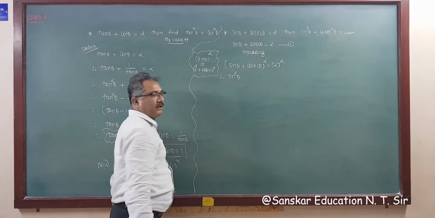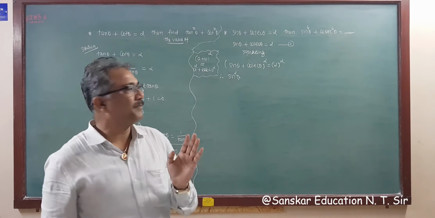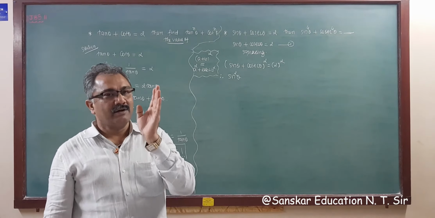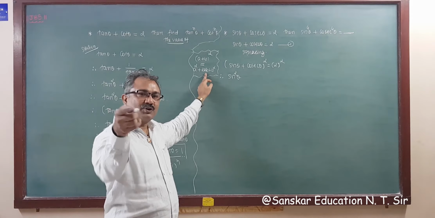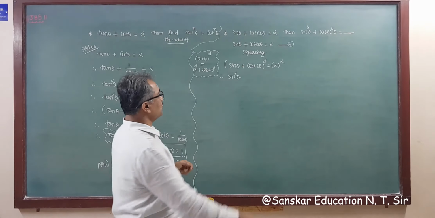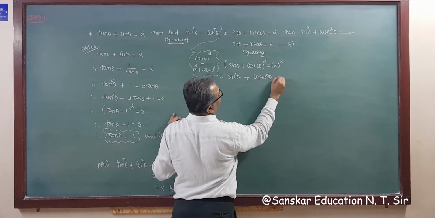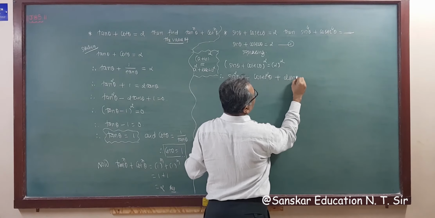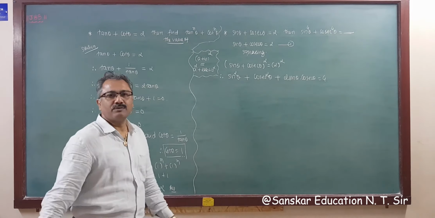And remember one thing, while you are solving trigonometry questions and applying this type of formula, expand in a way that is first term square plus last term square, then write the middle term, that is plus 2ab. That will be very useful for simplifying. So I am writing sin square theta plus last term square, cosec square theta, plus 2 times first term into second term, that is the middle term. So 2 times sin theta into cosec theta is equal to 4.